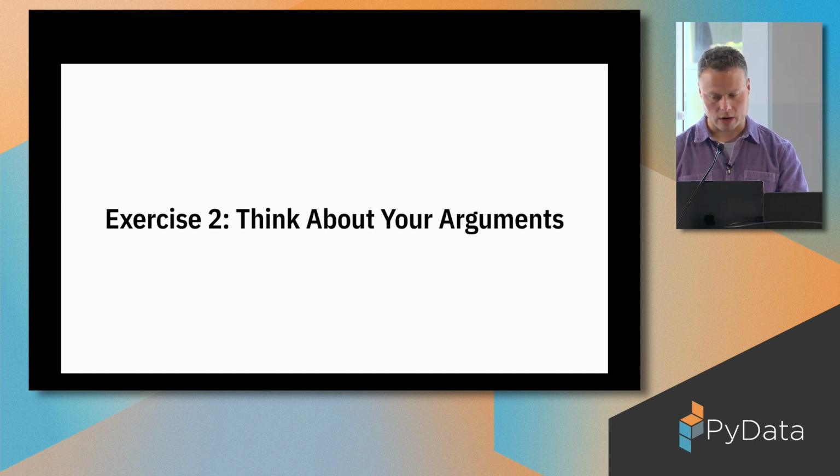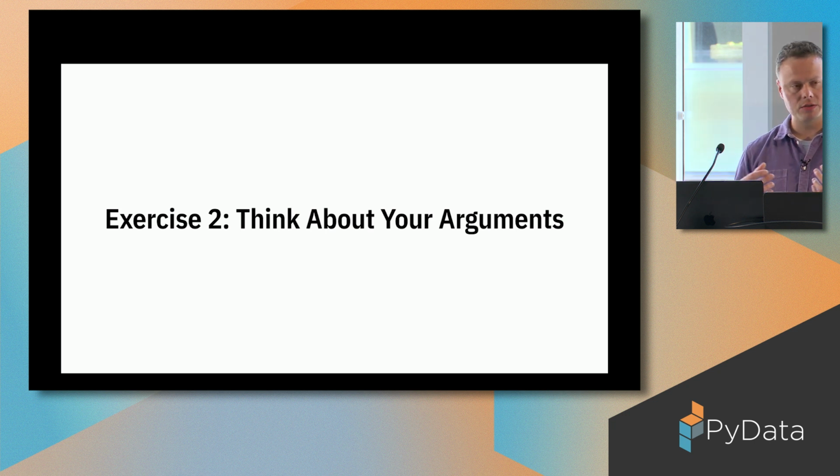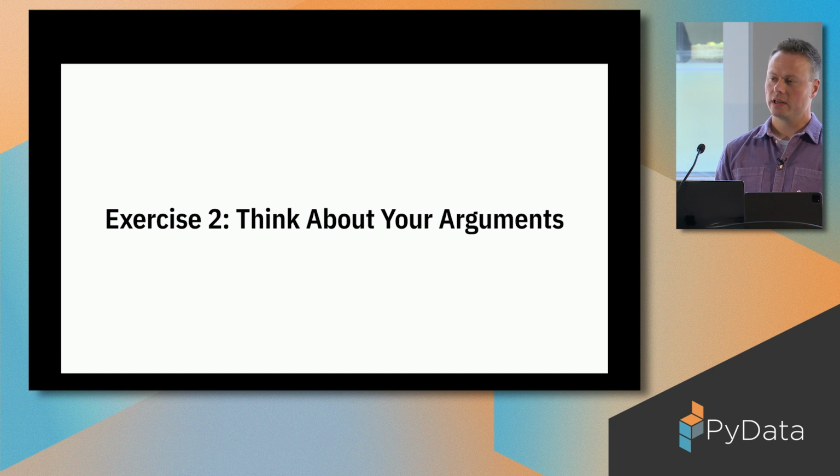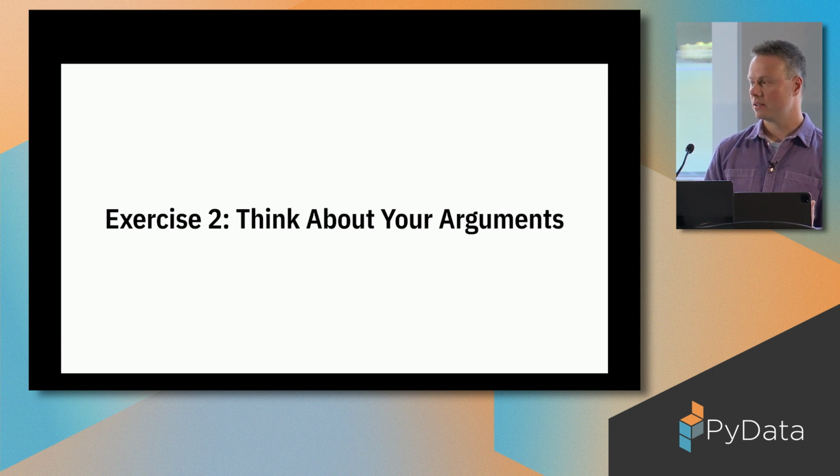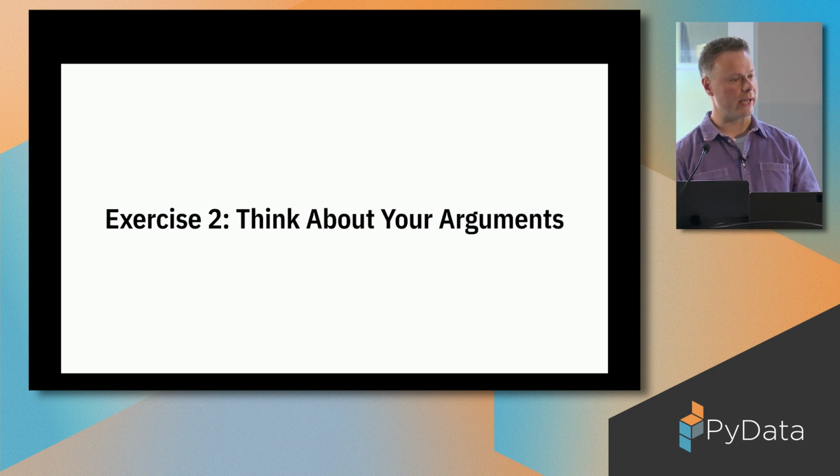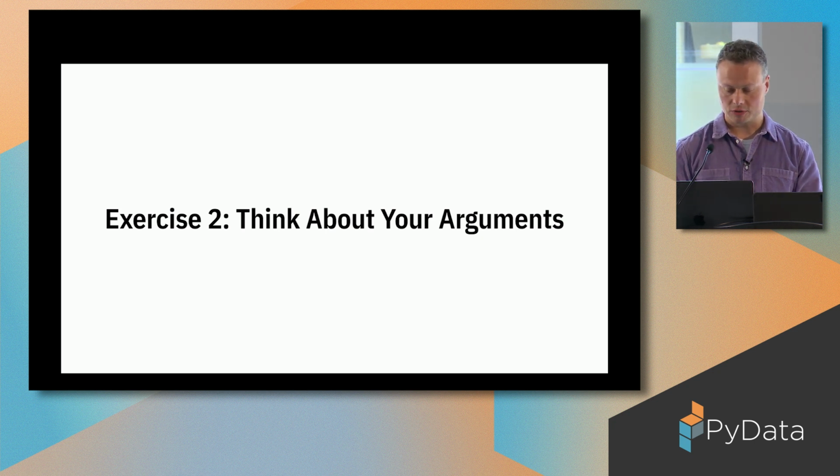Just think about it and try to come up with a couple of invocations. Does your tool need subcommands? It's fancy, right? Something like git has a lot of subcommands, but is that really something that your tool is going to need in order to get the job done? Something to think about. I'm going to give you a couple of minutes to brainstorm about this.